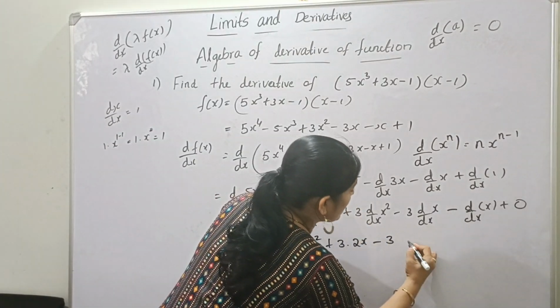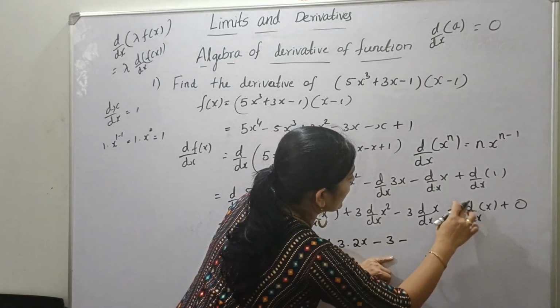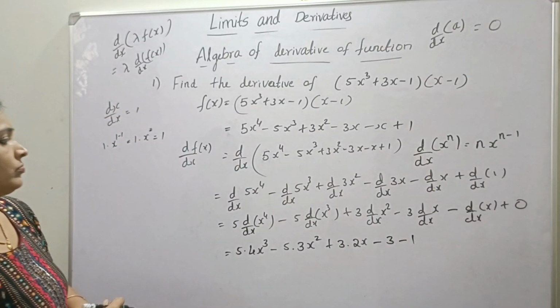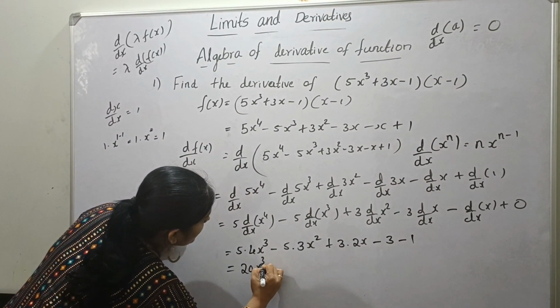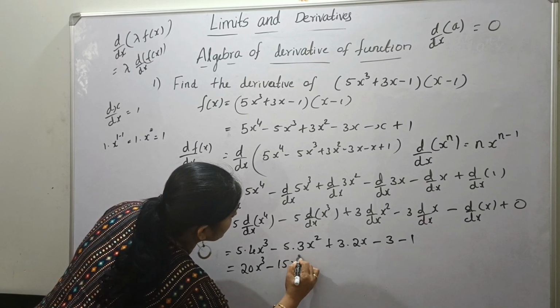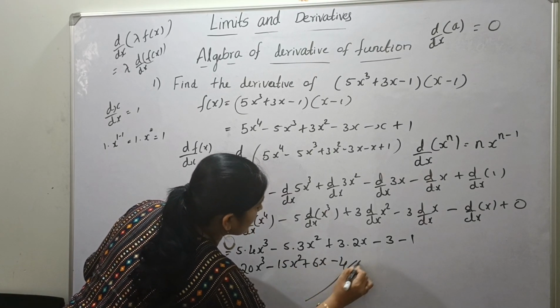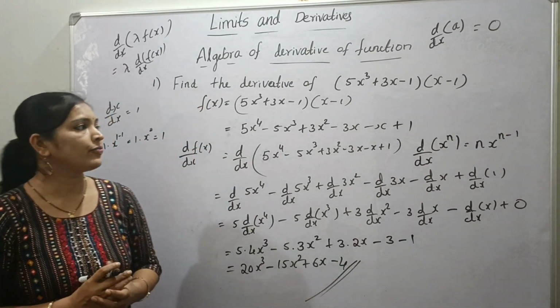So it is 1 minus d by dx of x, that is 1 itself. Now here 20x cube minus 15x square plus 6x minus 4 is the answer. So it is the derivative of this given function.